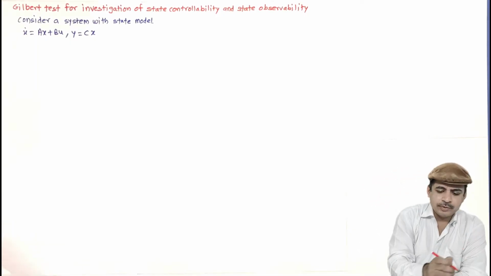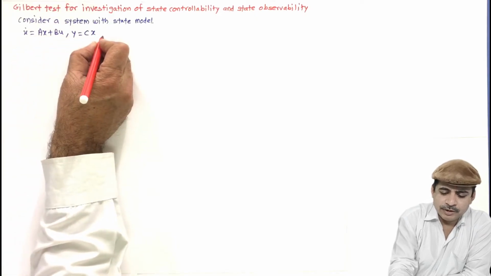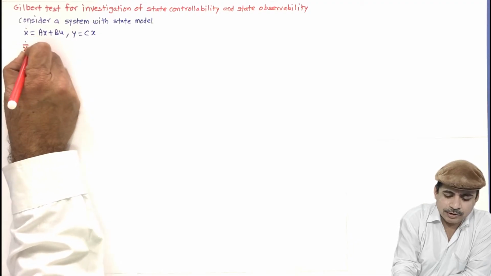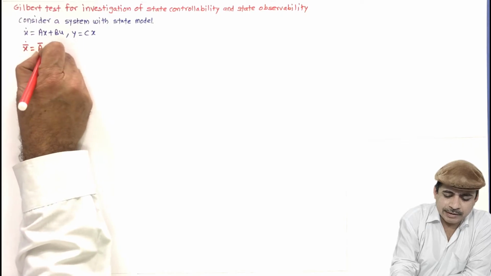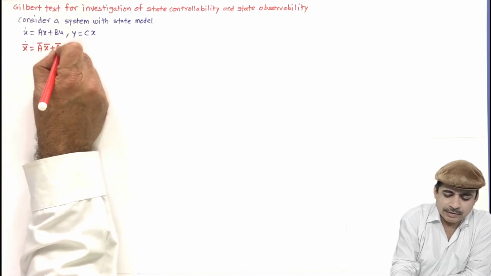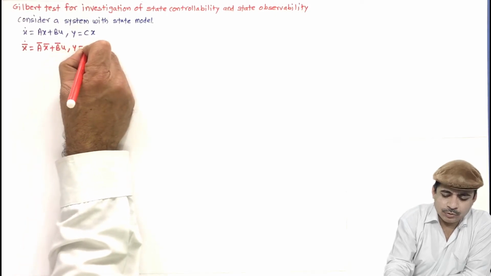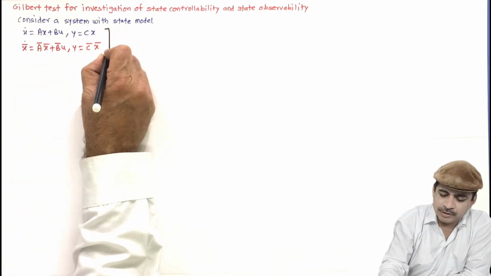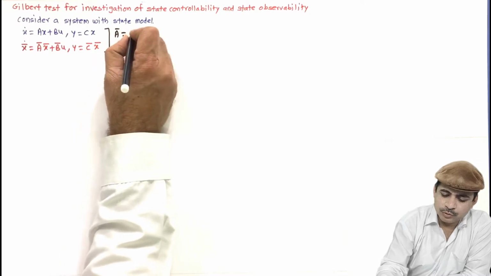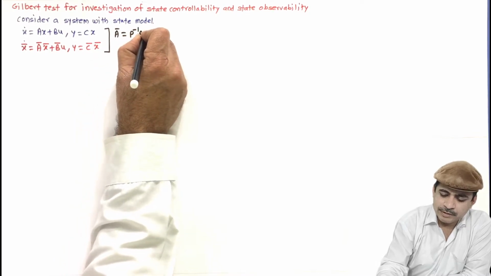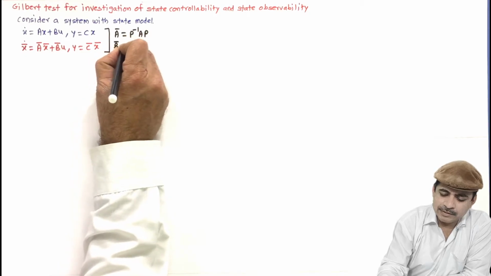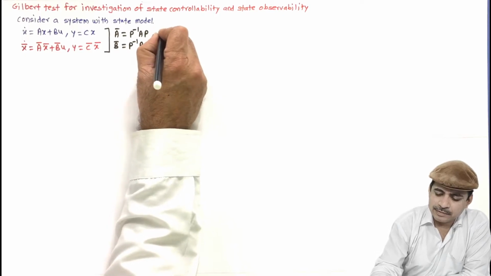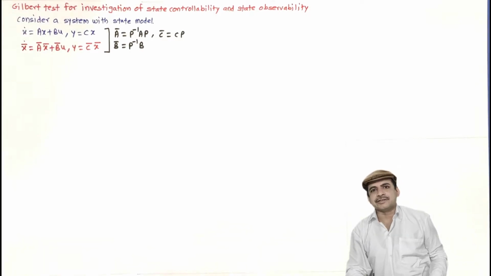Now, if we transform this system into a diagonal or Jordan canonical form by, say, x bar dot is equal to A bar x bar plus B bar u and y is equal to C bar x bar, where A bar is equal to P inverse AP, B bar is equal to P inverse B, and C bar is equal to CP, and P is the modal matrix.